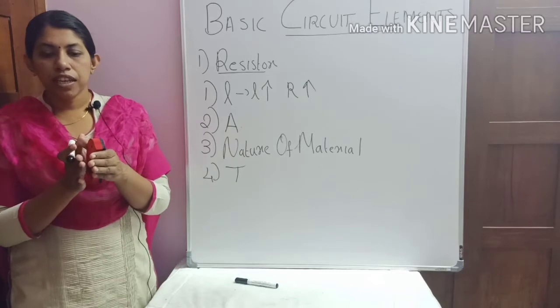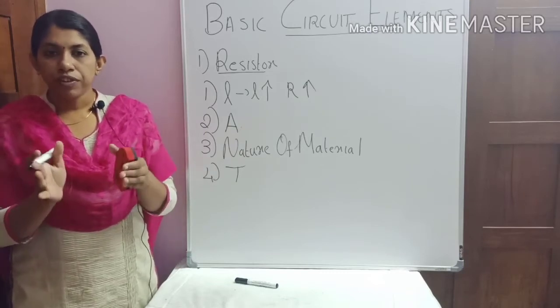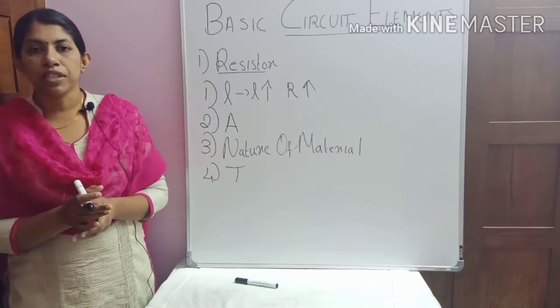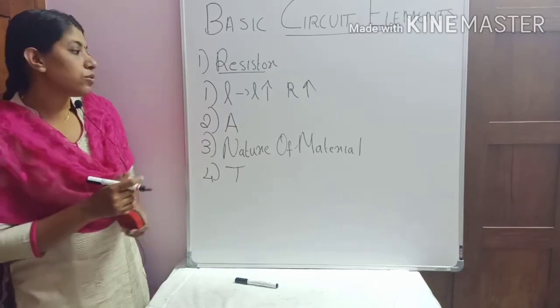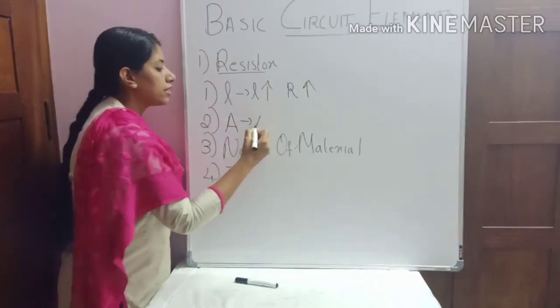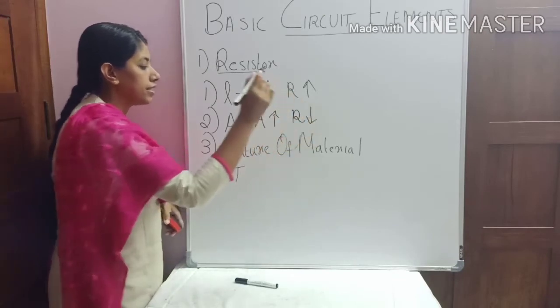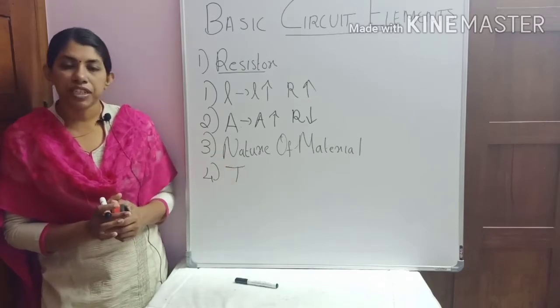When you increase the area, the electrons can move more freely with less collision through the conducting material. So less collision means the resistance will be less. So as the area increases, resistance decreases.